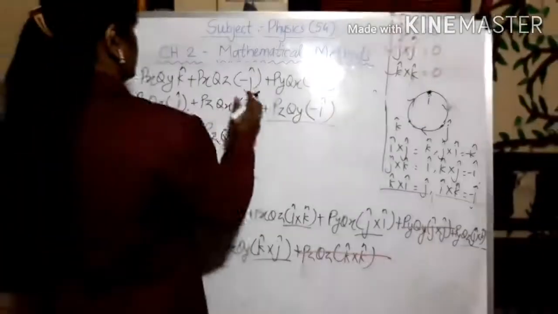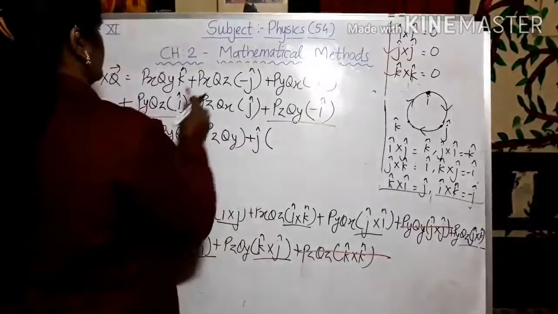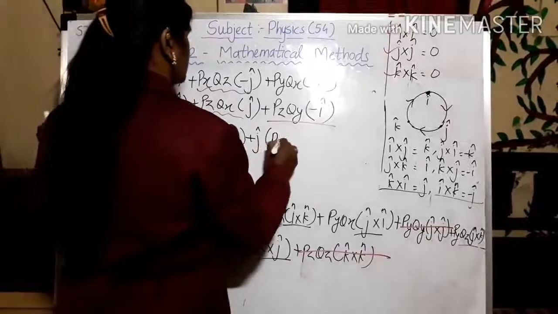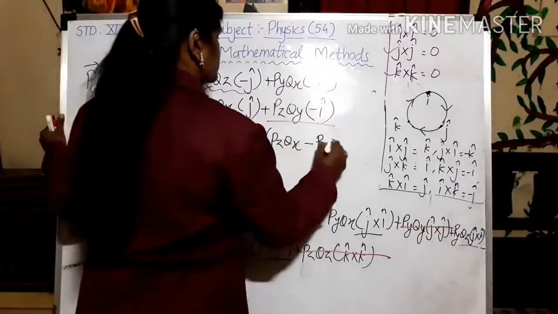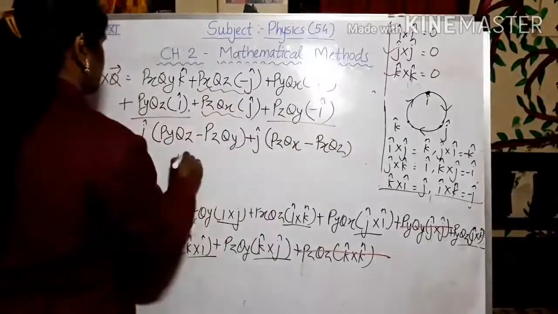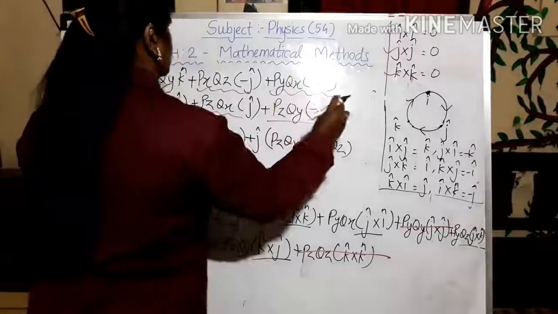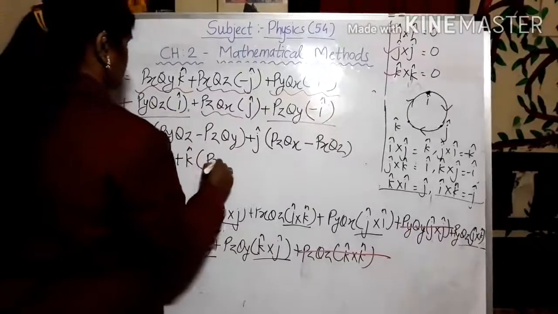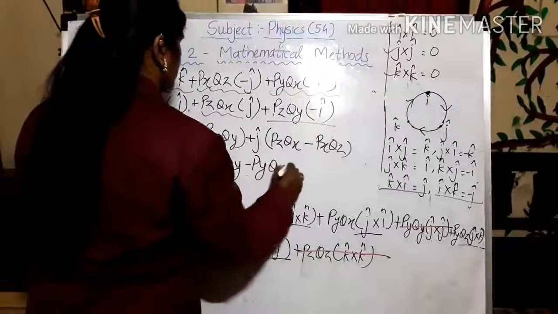Now j, plus j, it will be Pz qx minus Px qz, plus k cap, this and this, Px qy minus Py qx.